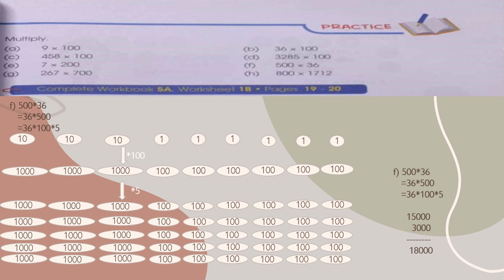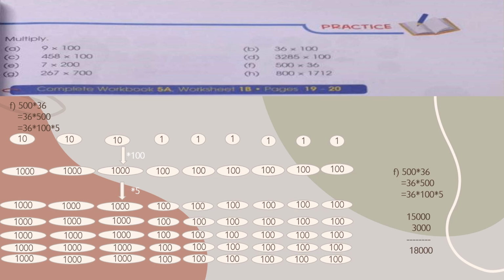For 36, we have 6 ones and 3 tens. And when these discs are going to multiply by 100, we will have 3 discs of 1000, as 10 into 100 is 1000, and 6 discs of 100, as 1 into 100 is equal to 100.